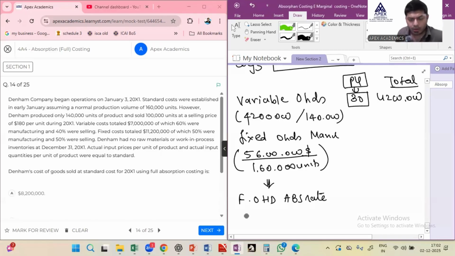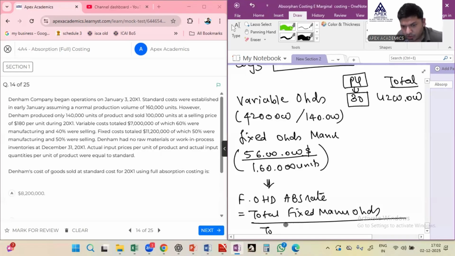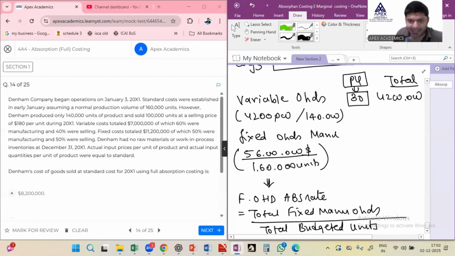It is total fixed manufacturing overheads divided by total budgeted units. So it comes to 56 lakhs divided by 1 lakh and 60,000, which is 35 per unit.